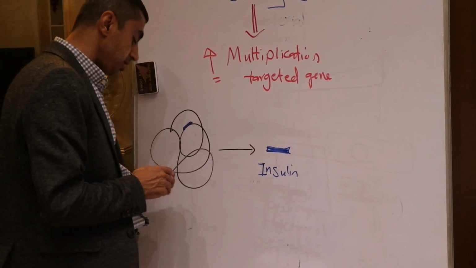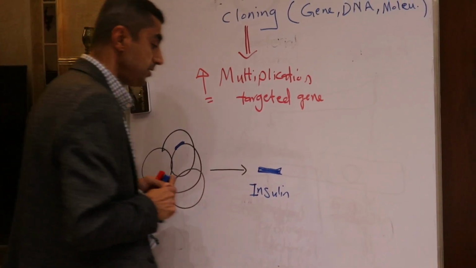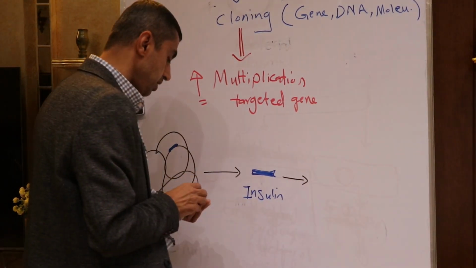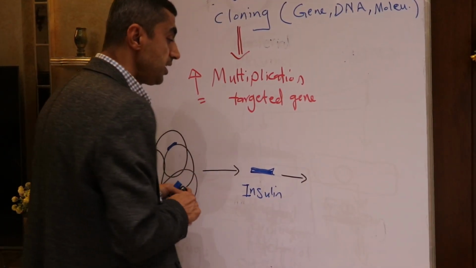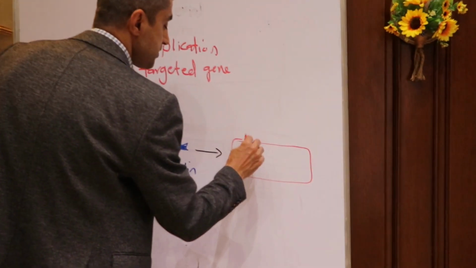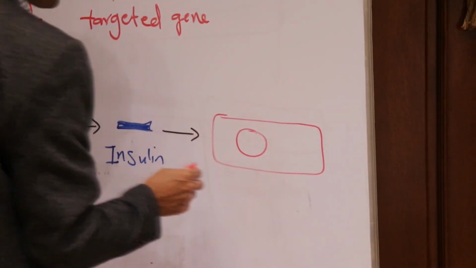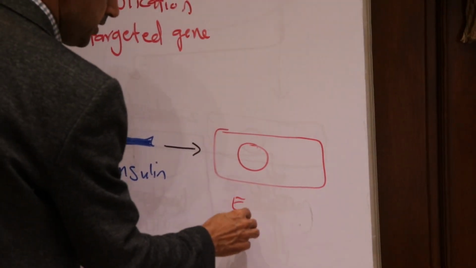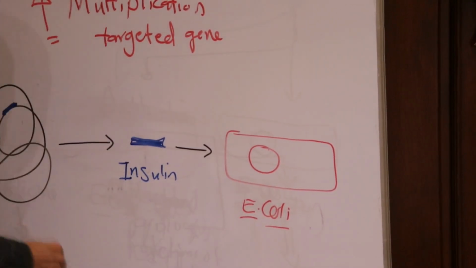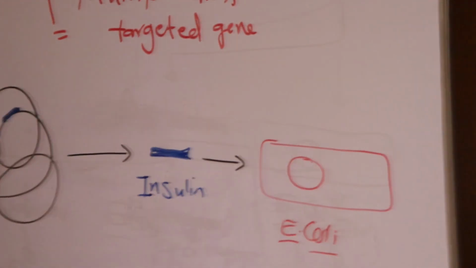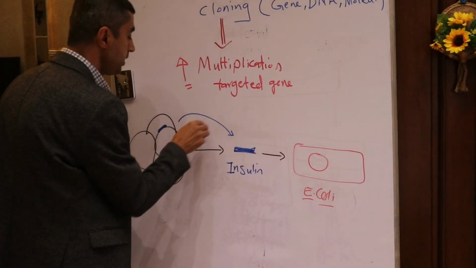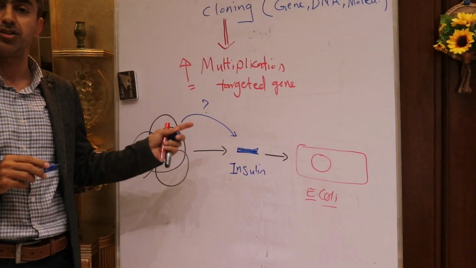And the insulin gene should be inserted into a vector, or living cells such as E. coli cells. But there is a question: how is this gene isolated? This is the first issue.